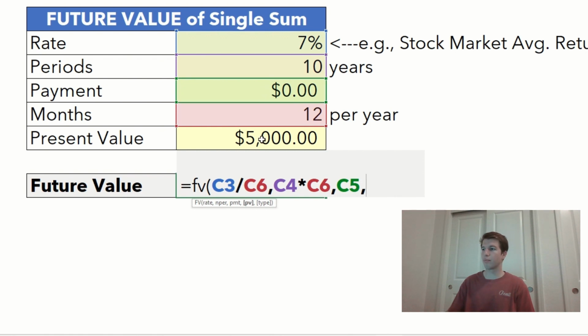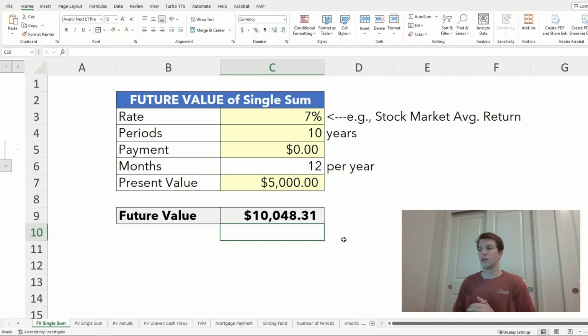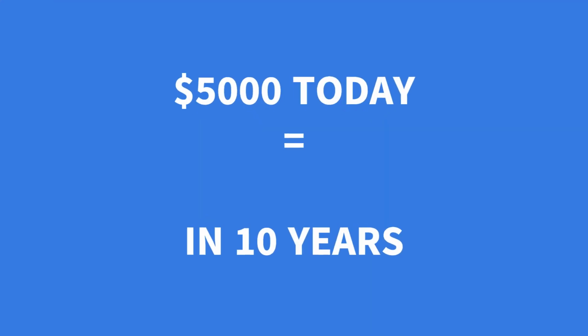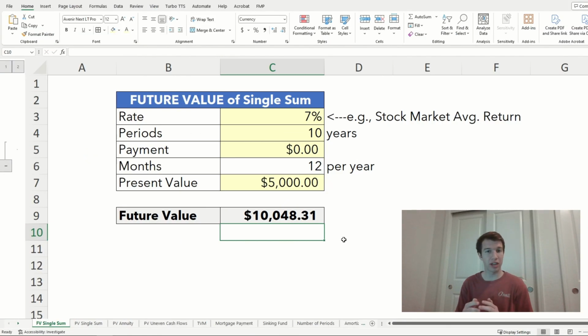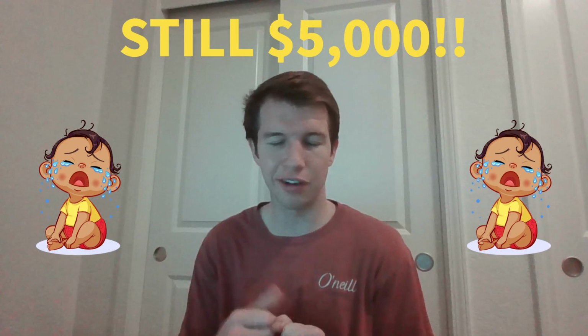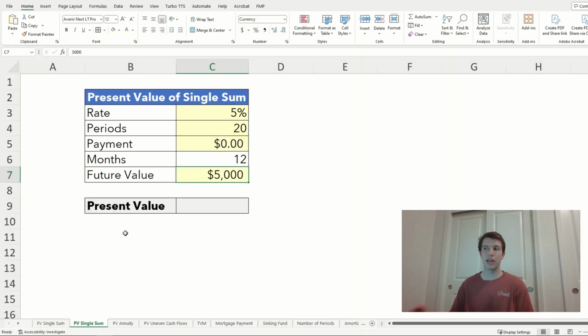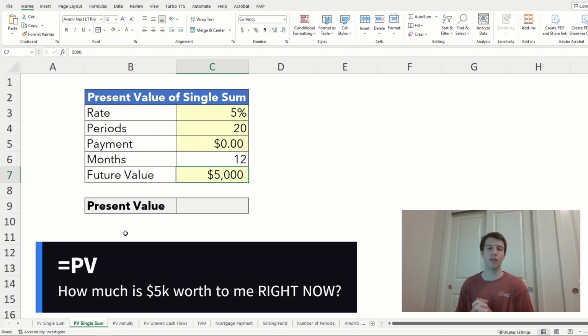And then we want to do our present value, which is 5,000. So if we invested $5,000 into the stock market today, in 10 years, we would have approximately doubled our money. Wow. That is much better than putting $5,000 under your mattress, and when you take it out in 10 years, it's still $5,000.